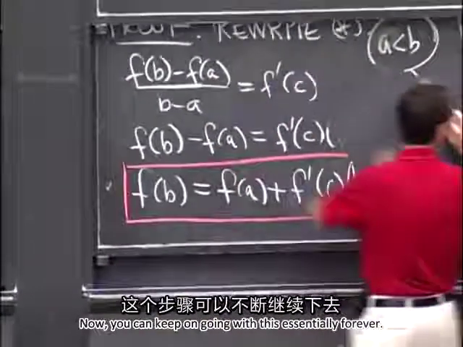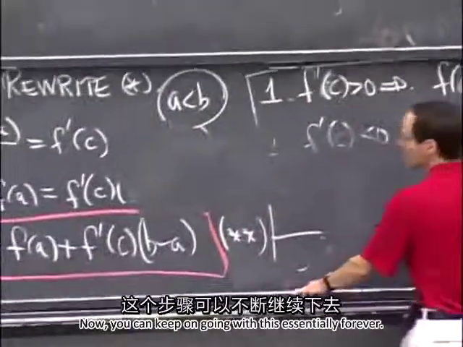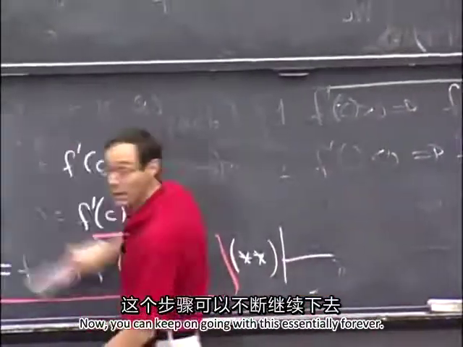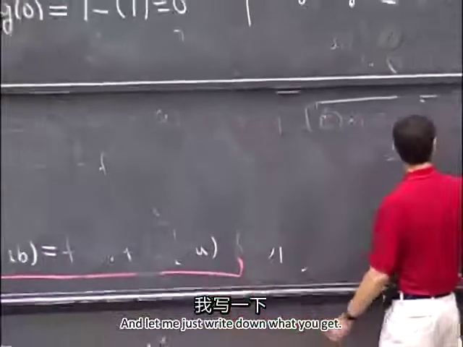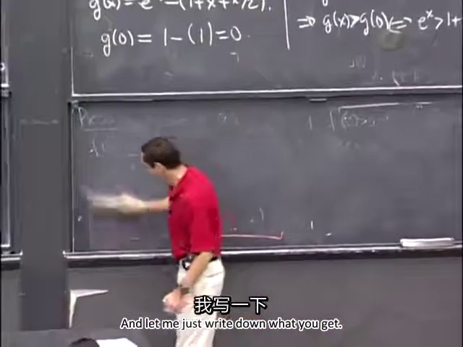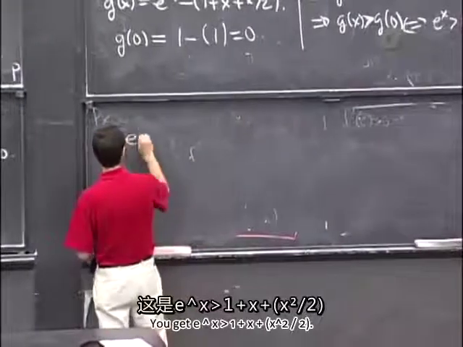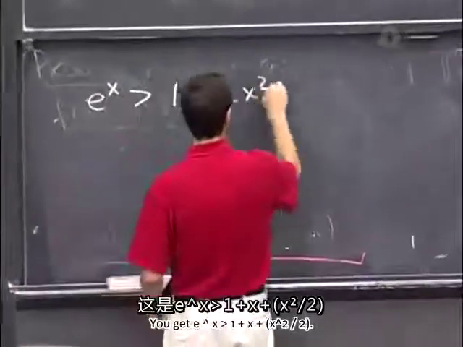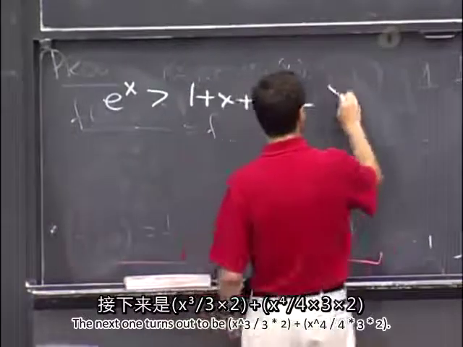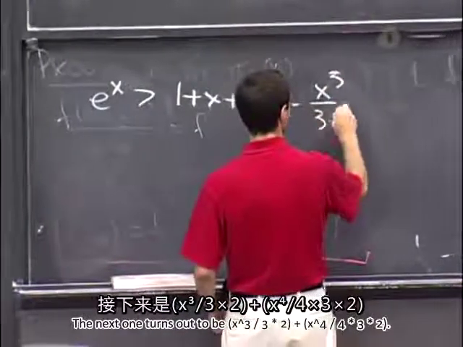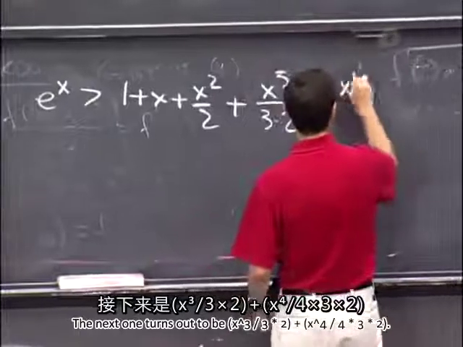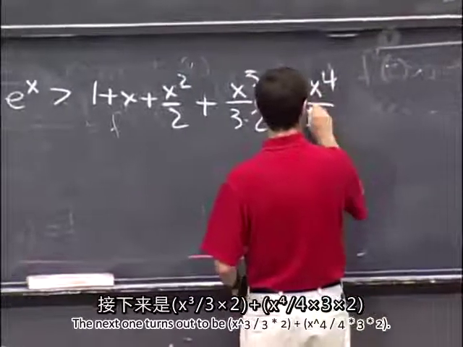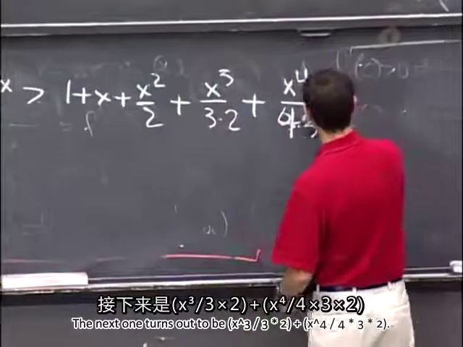Now, you can keep on going with this essentially forever. And let me just write down what you get. You get e^x is greater than 1 plus x squared over 2. The next one turns out to be x cubed over 3 times 2, x to the 4th over 4 times 3 times 2.